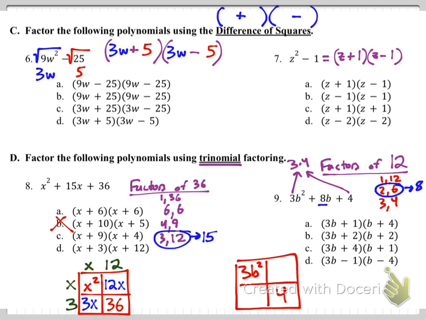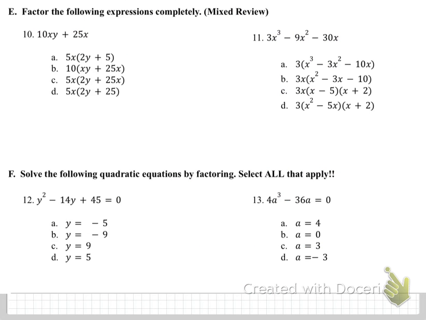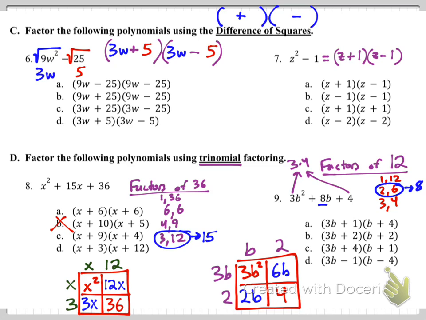Our 8b will be split between 2b and 6b, and we're going to factor those numbers out. So we get a 2 there, a 3b there, a b up there, and a 2 up there. So the answer to this one will be 3b plus 2 times b plus 2.